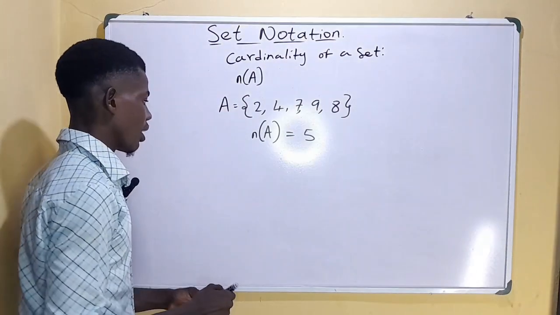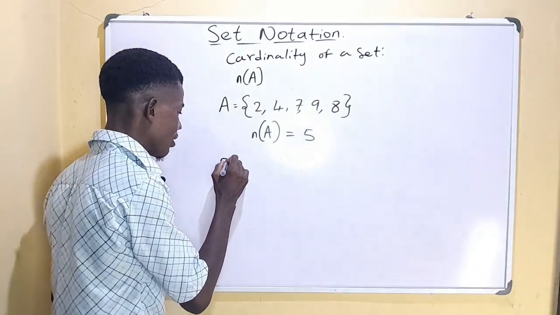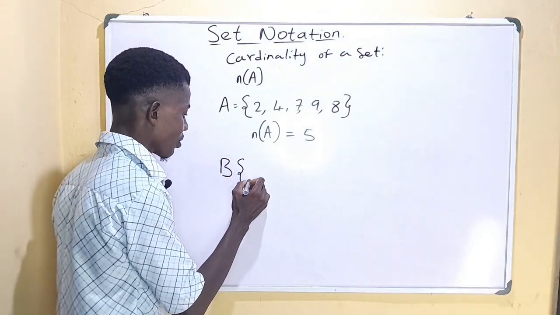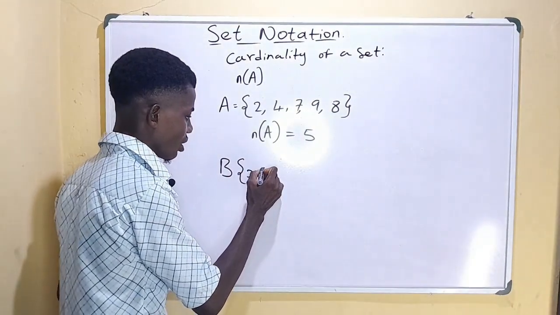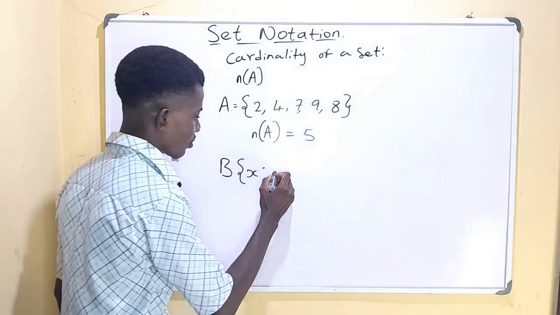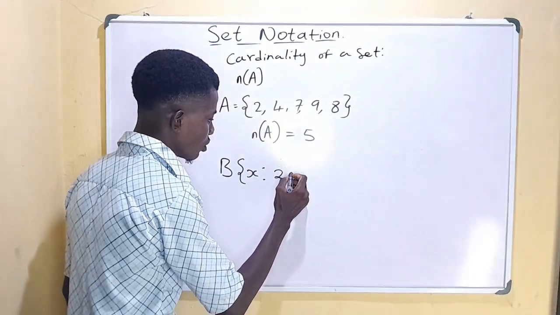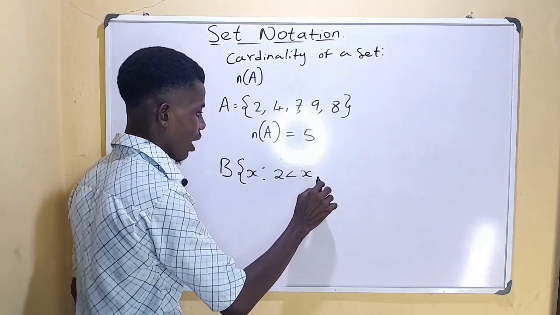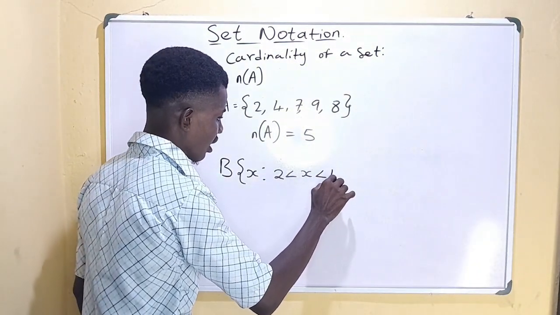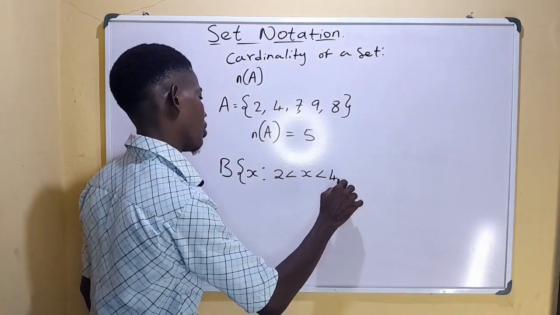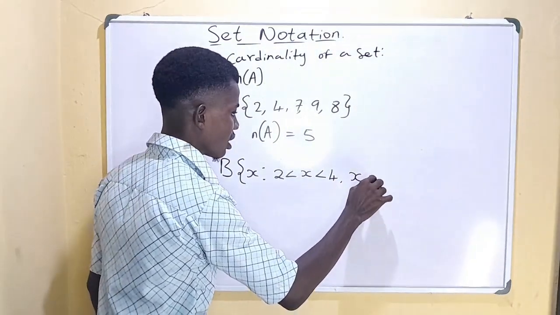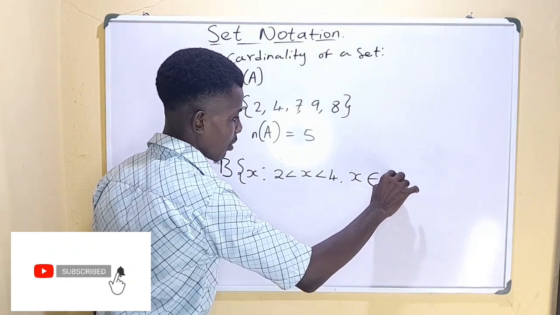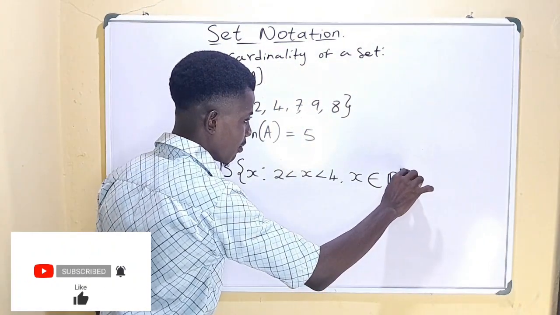We can take another example. Let's say B equals x, such that 2 is less than x, is less than 4, where x is an element of R. I hope you remember what R is, real numbers.